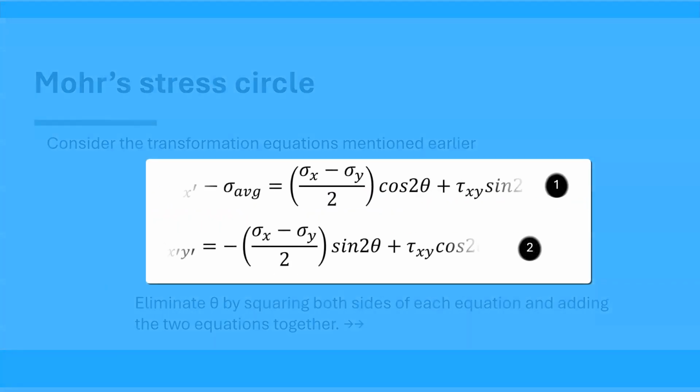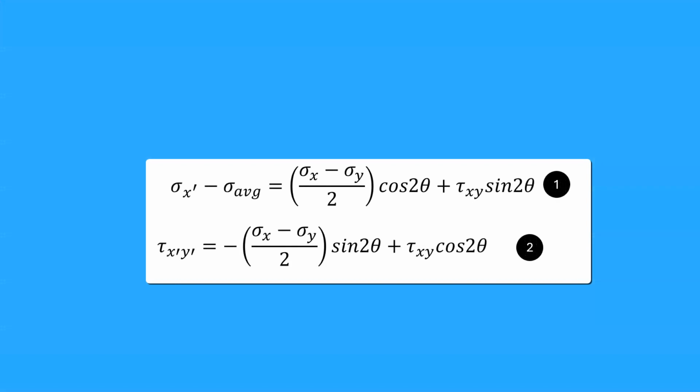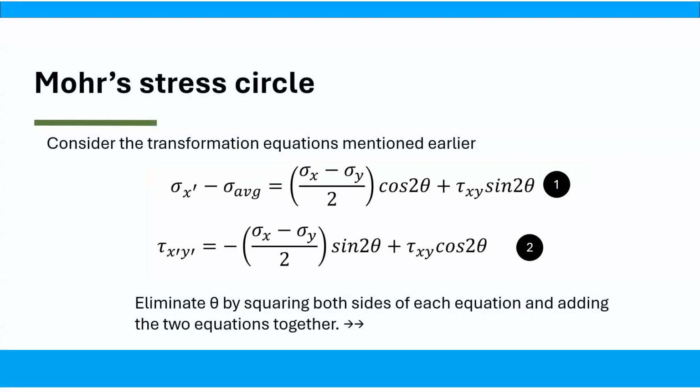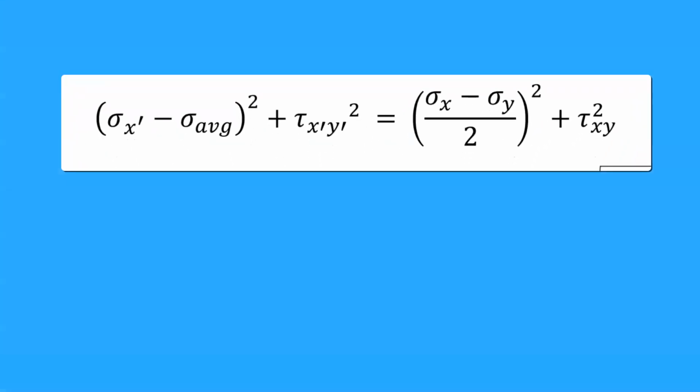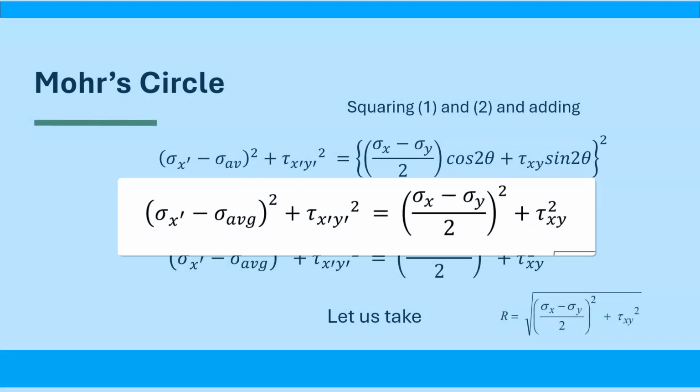Let's look again at the transformation equations. We eliminate the angle theta by squaring both sides of each equation and adding the two equations together. Finally, we get the equation (sigma_x' minus sigma_average) squared plus τ_x'y' squared equals ((sigma_x minus sigma_y) divided by 2) squared plus τ_xy squared.